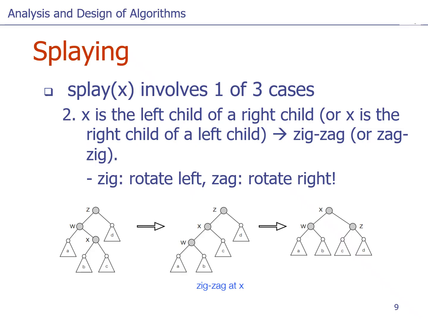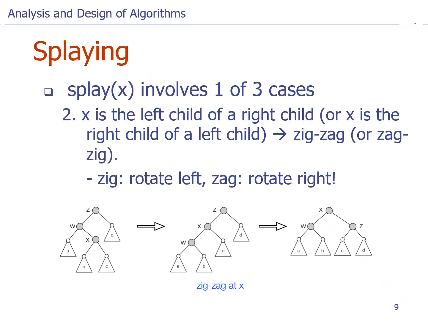If you look at X, it's the right child of W, but W is the left child of Z. This is what I refer to as X being the right child of a left child. We could also see the different scenario where X is the left child of a right child.